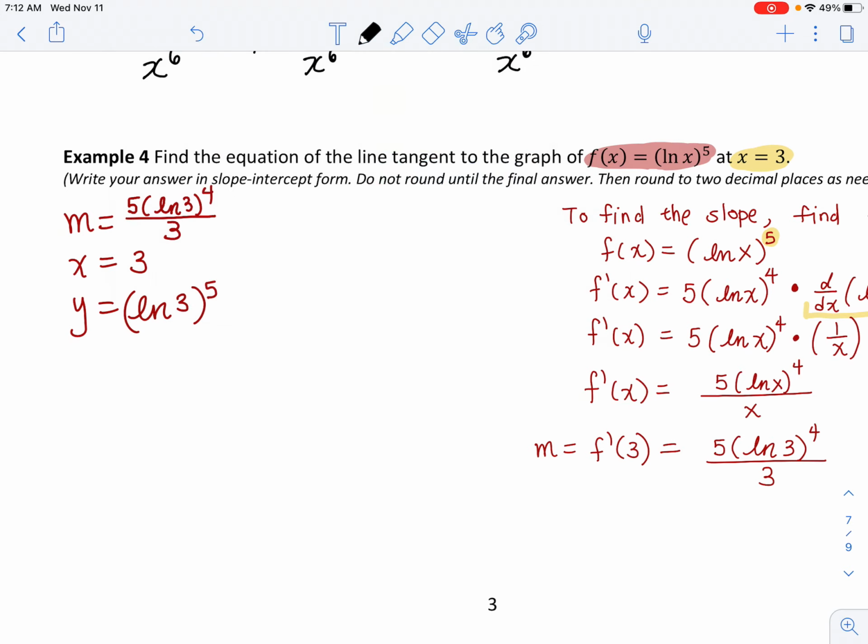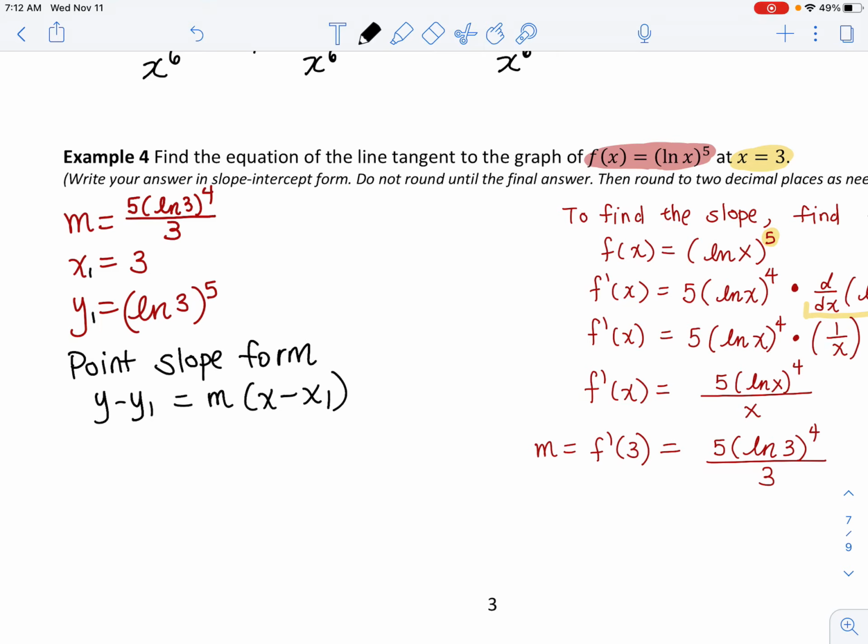So let's do point slope form. Point slope form. Okay. Y minus y1 equals m times x minus x1. All right, x1 is 3, y1 is that expression.